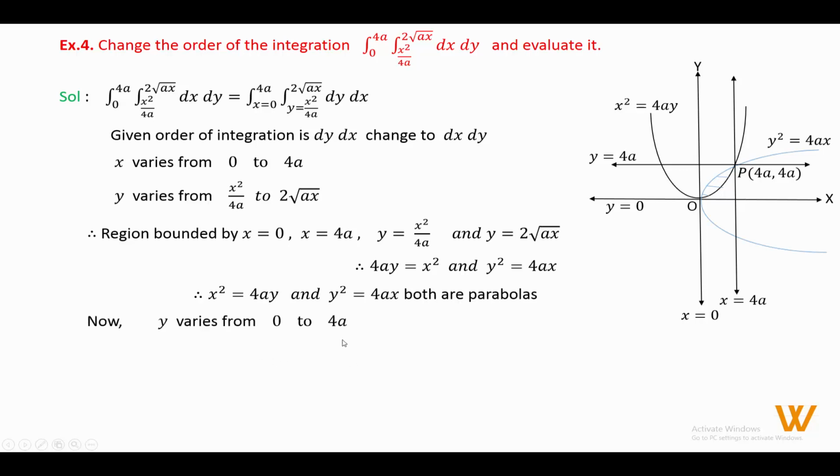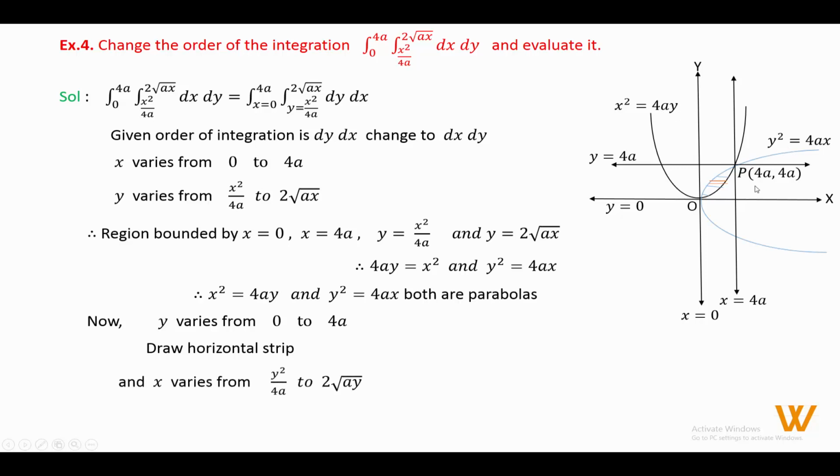Now find what x varies from. For that, draw a horizontal strip. x varies from this parabola to this parabola. On this parabola the value of x is y square upon 4a, and on the second parabola the value of x is square root of 4ay, means 2 root ay.